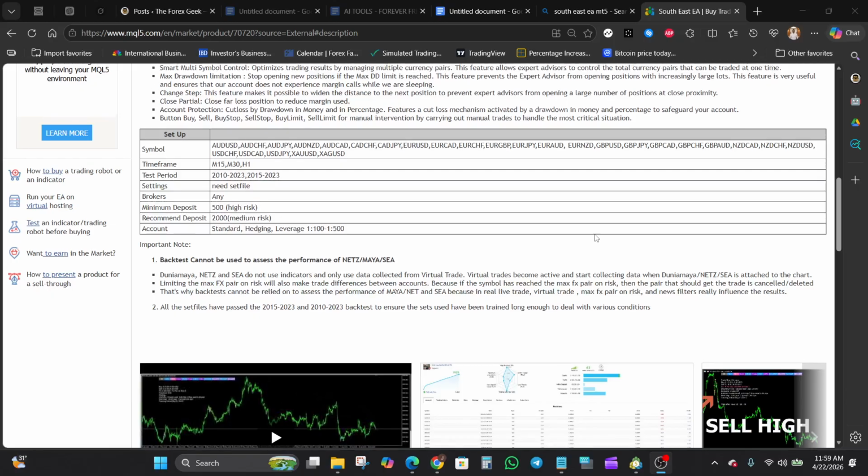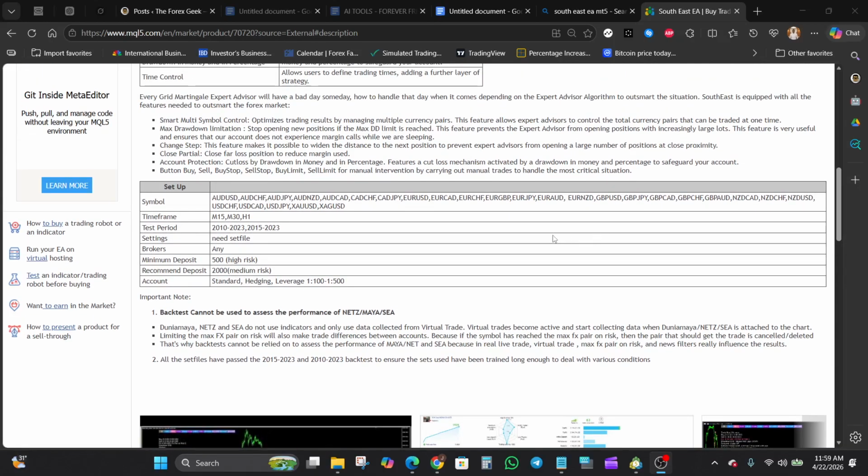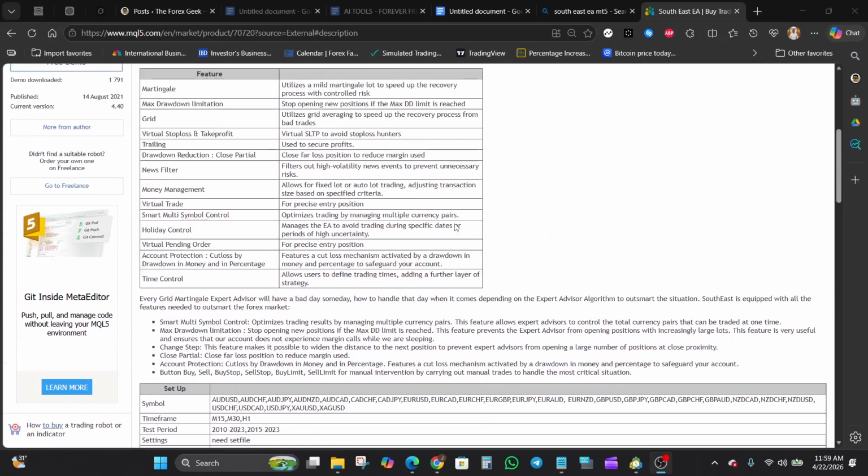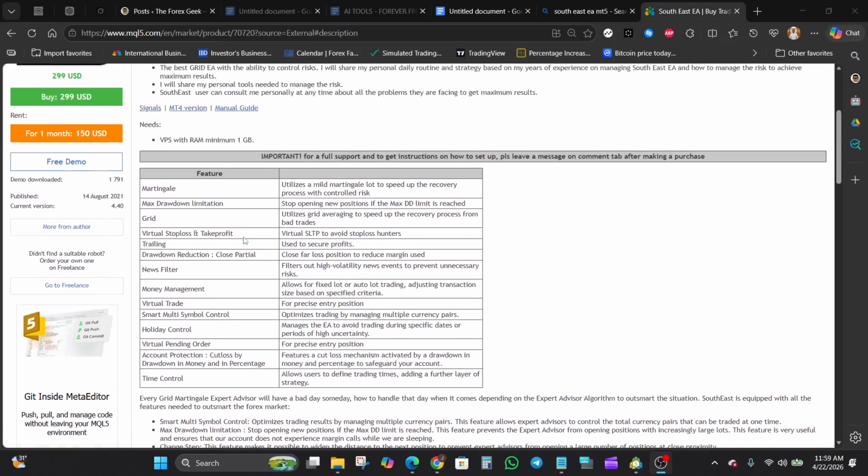Okay, that already tells me that this EA is designed more for structured deployment and system-based trading rather than discretionary trading. Okay, so now let's just quickly break down how Southeast EA works.